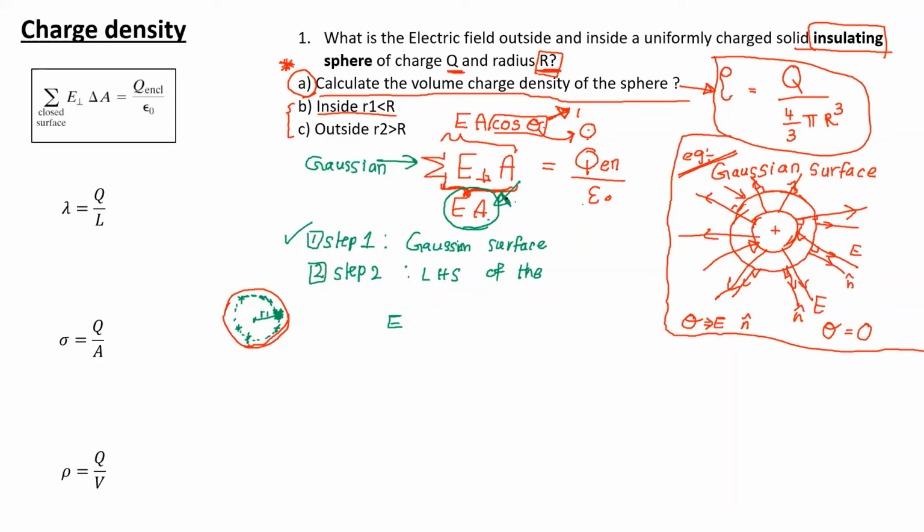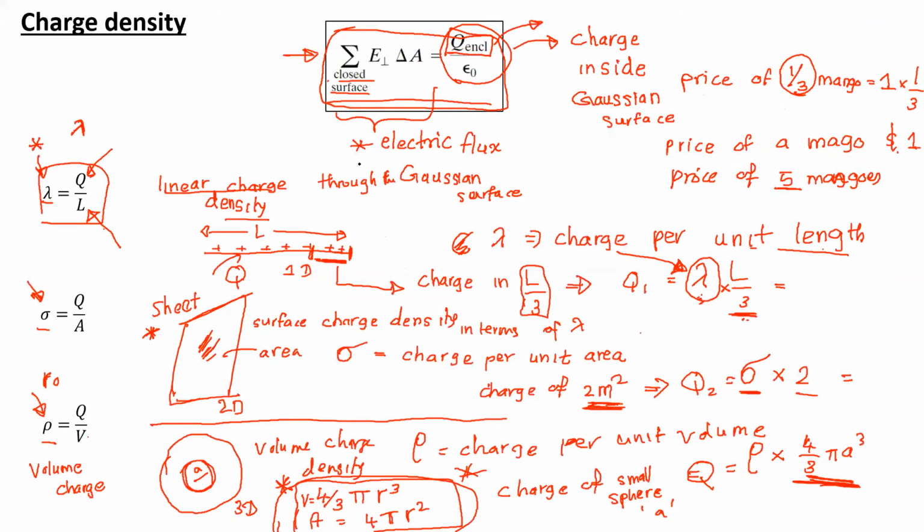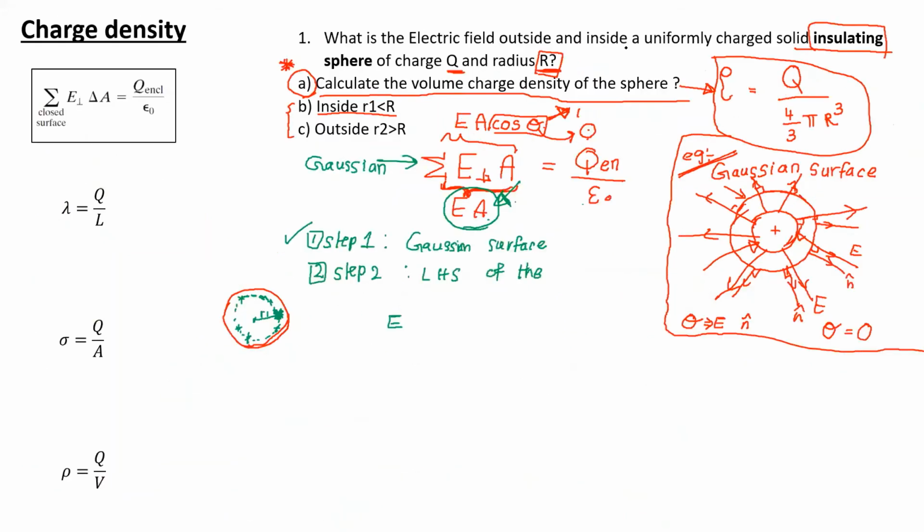If I go to the previous slide, can you see I wrote this is the electric flux through the Gaussian surface. This is the charge inside the Gaussian surface. So this whole equation is about the Gaussian surface. That is why it is Gauss's law. So are we good?